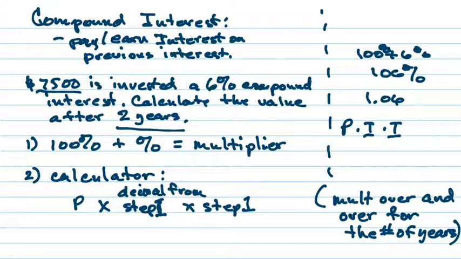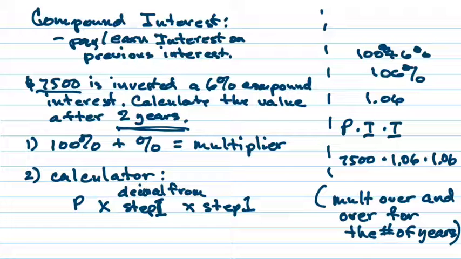Okay? Now, if you want to use parentheses and then an exponent or an index on your calculator, you can, or you can simply just click in times over and over and over again. So in this case, our principal was $7,500, right? Times, what is our decimal? 1.06. But it's for 2 years, so I need to do the 1.06 how many times? Twice. Okay?